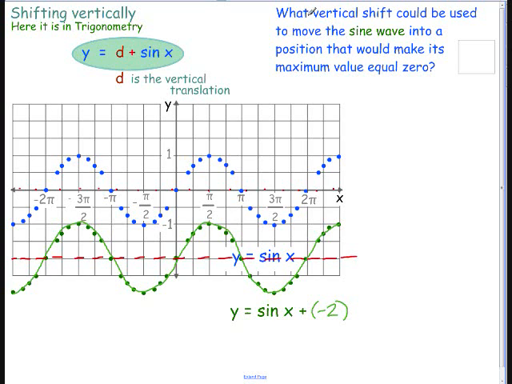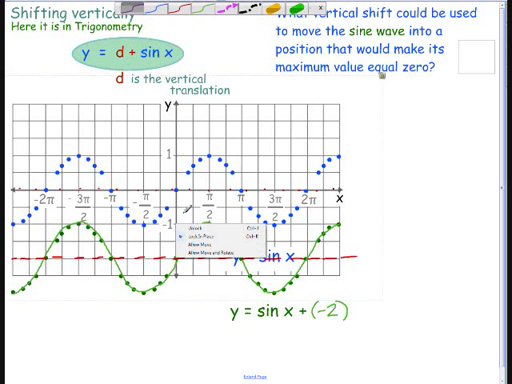What vertical shift could be used to move the sine position, the sine wave, into a position that would make its maximum value equal 0? Let's think about that. How would we do that? Make its maximum value equal 0. Where I place this green one, its maximum value is -1.